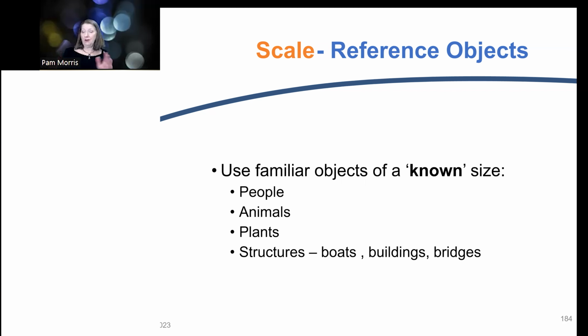So we'll have a look at each of these things and see not only do they contribute scale, but they also allow, particularly for people, animals and plants, a personal connection between the viewer and an object within the image. So it immediately gives the viewer something for their eye to land on.